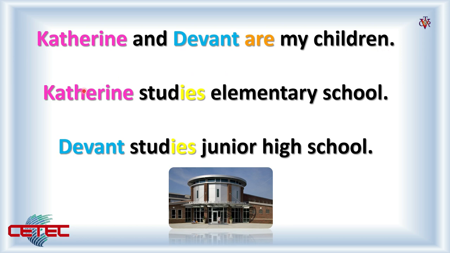Catherine, about the girl, she, and now the verb study, studies, is going to be different because we are talking about a person. Devant studies. Don't forget, it is one of the rules. Consonant plus Y, we have to delete Y and add IES.